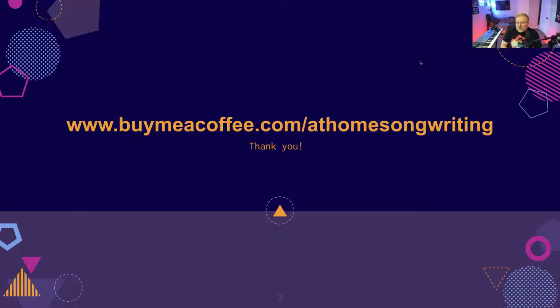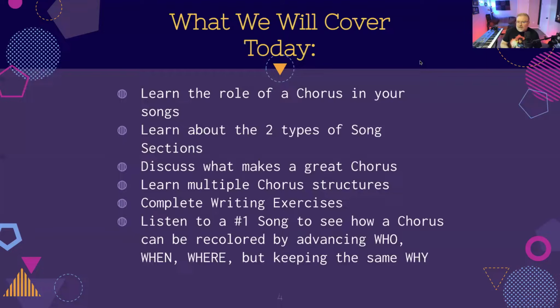But today, what we're going to talk about is writing choruses. So, what are we going to cover on that topic? First, we're going to learn about the role of a chorus in your songs. And we're going to learn about two different types of song sections and how those two types of sections work together and how you can use that to your advantage to write stronger songs.